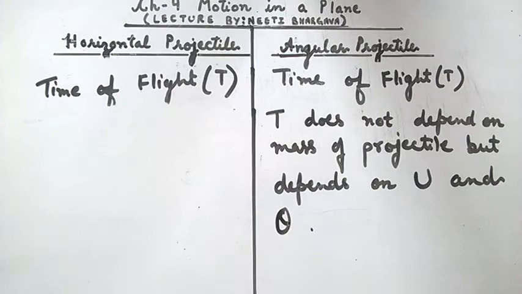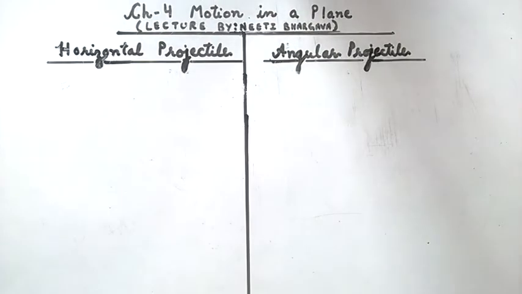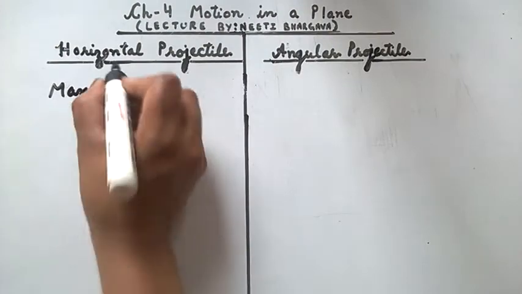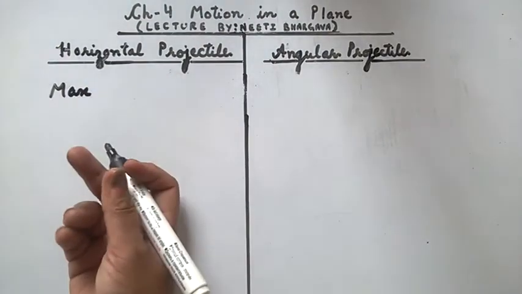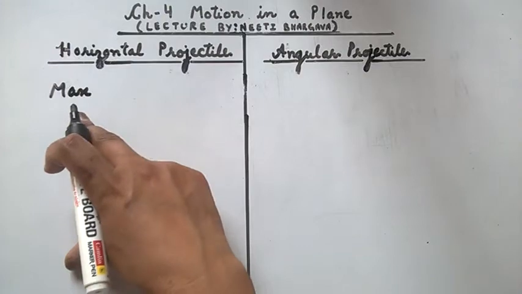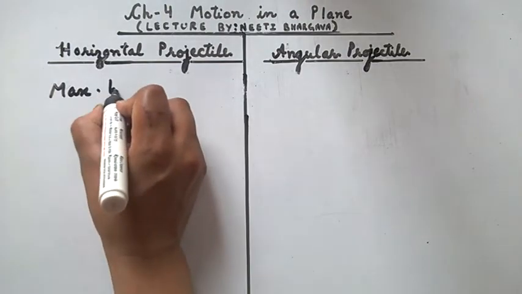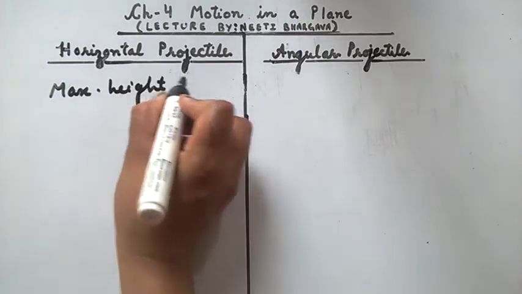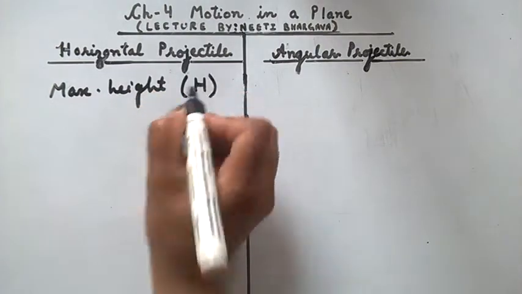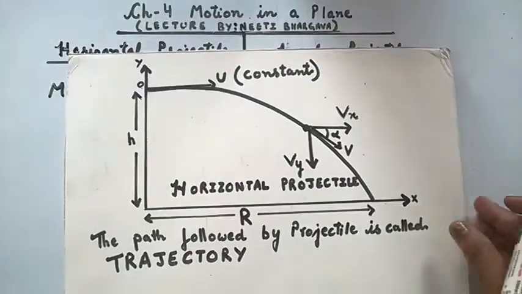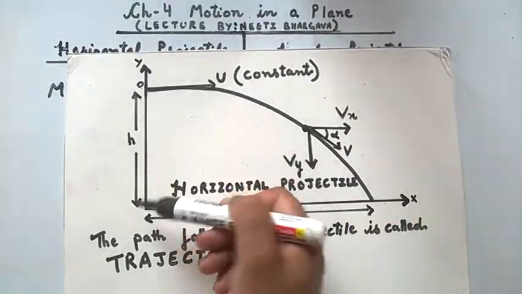Now maximum height covered by a projectile. Here in horizontal projectile there is no maximum height and it can be equal to the vertical distance, maximum height given by h, and here it is equal to the height in negative y direction.